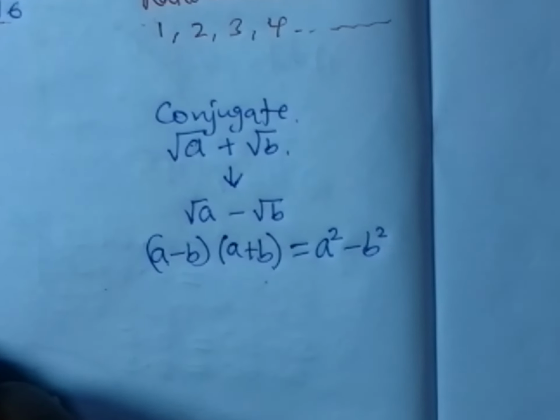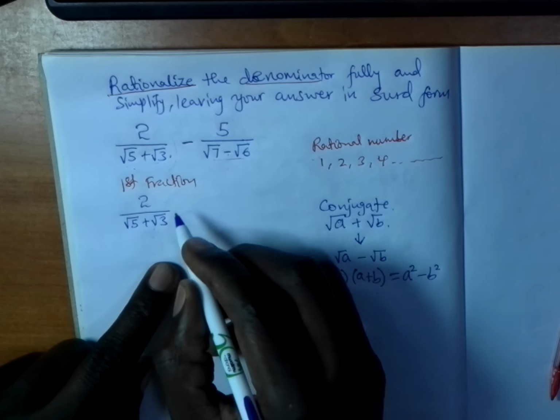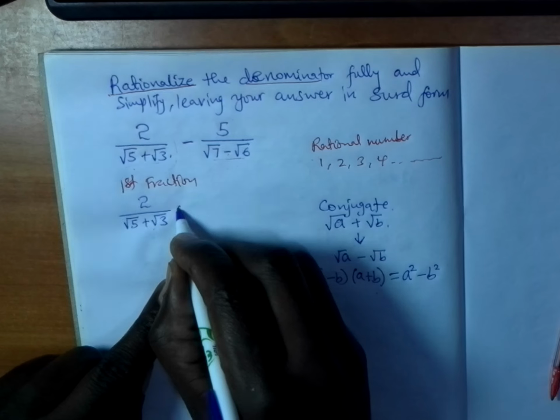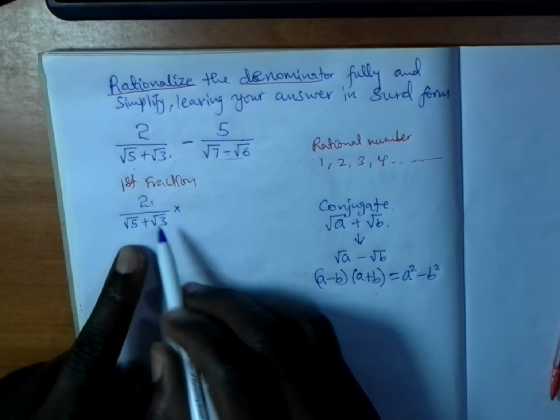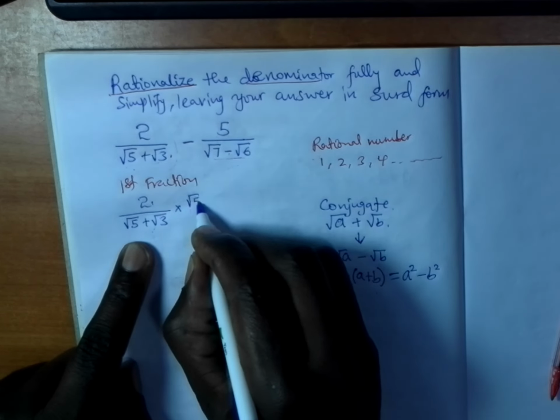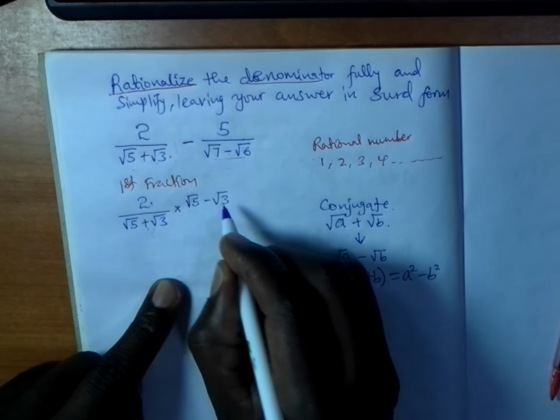So the conjugate of root 5 plus root 3 is, so we multiply the numerator and the denominator by the conjugate, which is root 5, we change the sign, which is minus root 3.